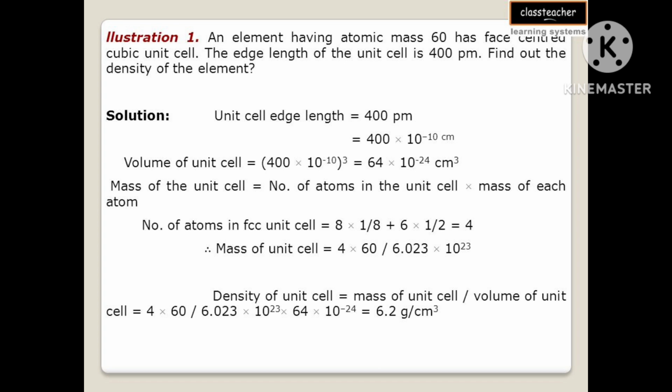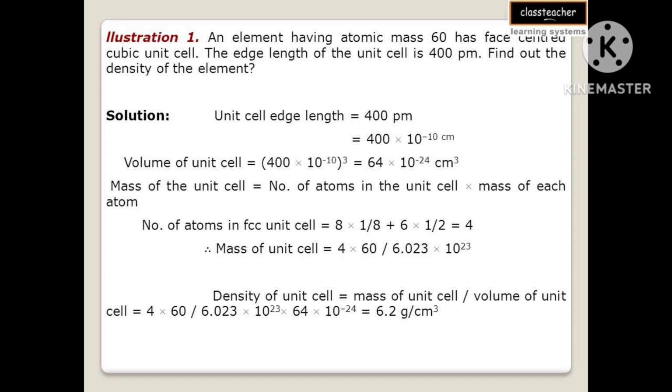Then 288 into 10 to the power minus 10 centimeter, power 3. Then you will get 2.39 into 10 to the power minus 23 cubic centimeter. This is the volume of the unit cell.